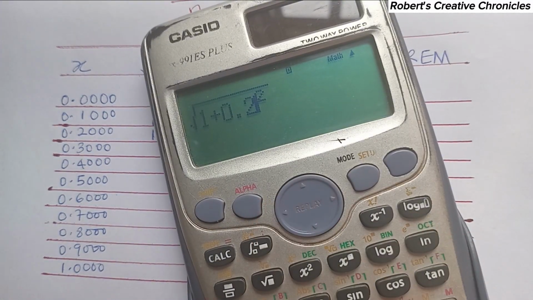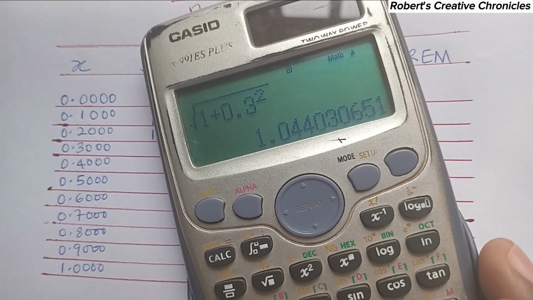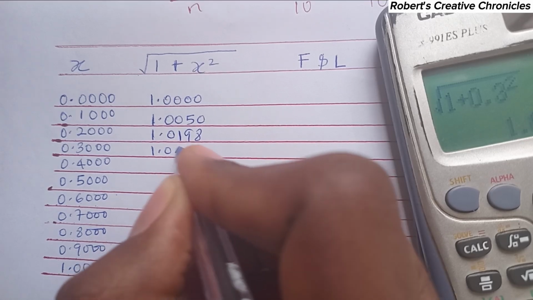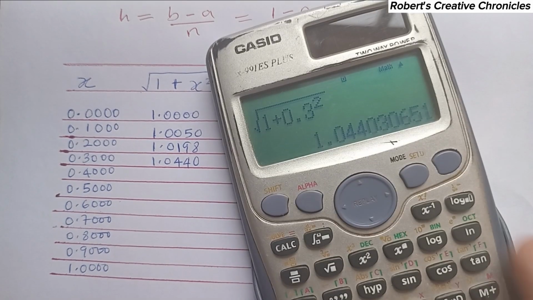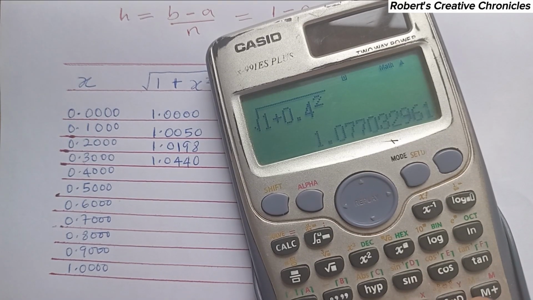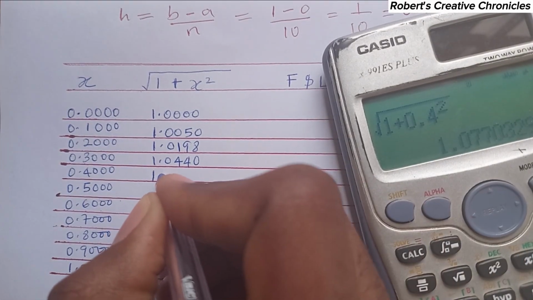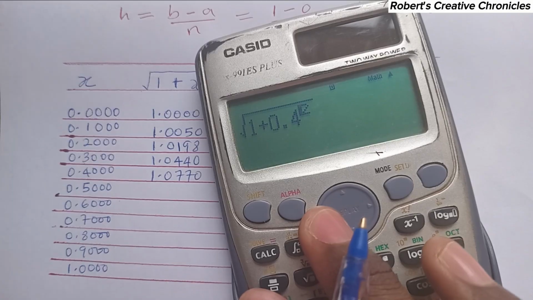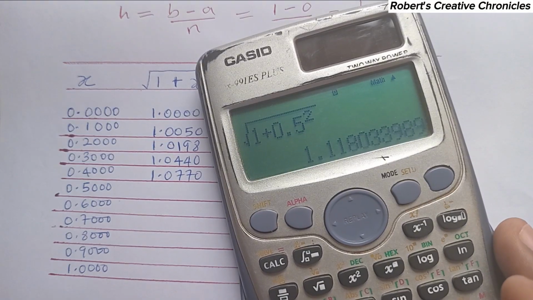Then the third one, 1.0440. Then the next one, 1.0770. This is 1.1180.